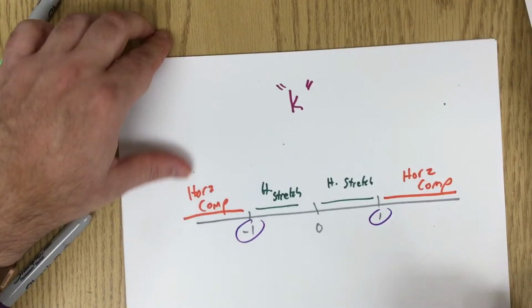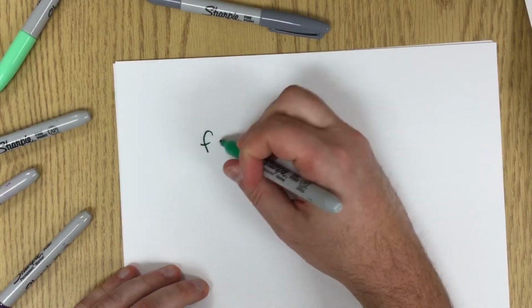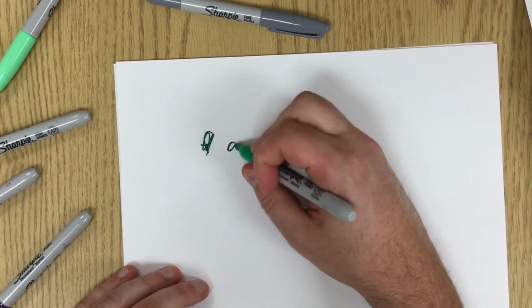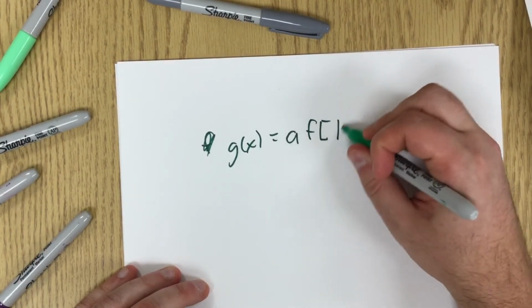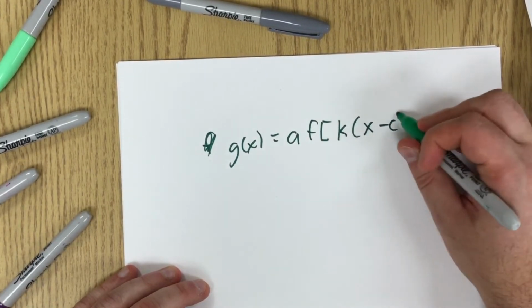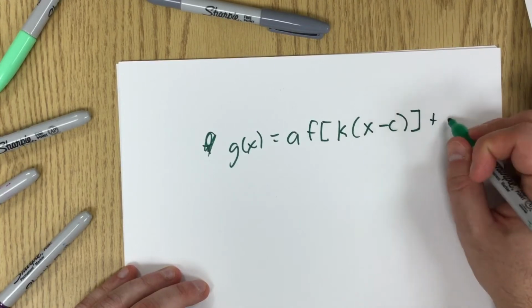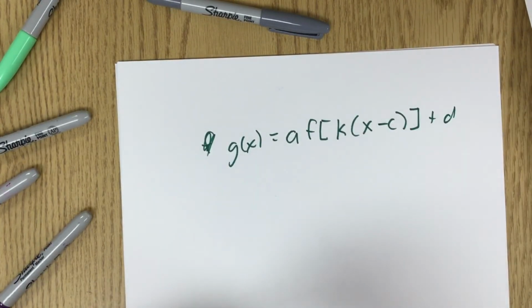Now, one little wrinkle with k, you will notice that in the formula when it's written out, it's kind of been factored out. So it's been factored out of that. It has to be in that format.